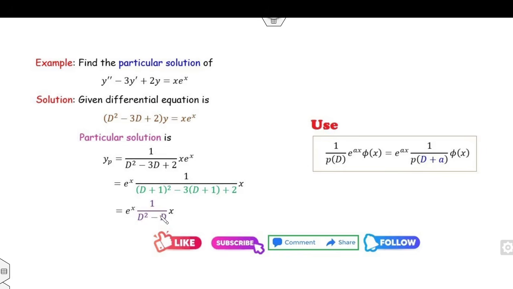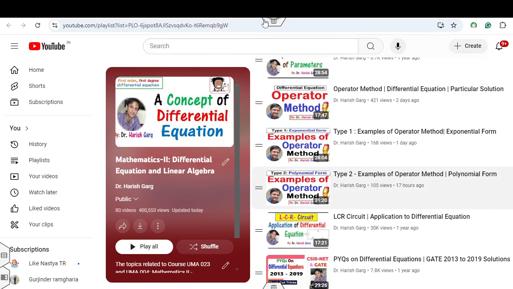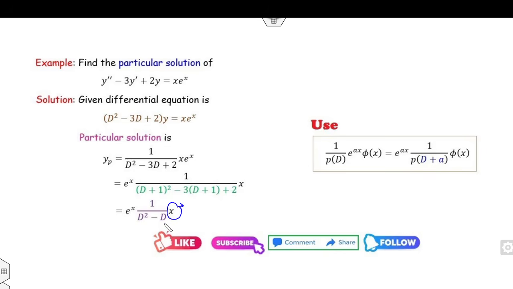Now how can you solve that? Because it's a polynomial, what is the rule for that? You have to watch the polynomial form lecture. What I told you: you have to make the series expansion either in terms of 1 plus x or in terms of 1 minus x. So your first target is to construct them as a 1. Like that, there are two ways.